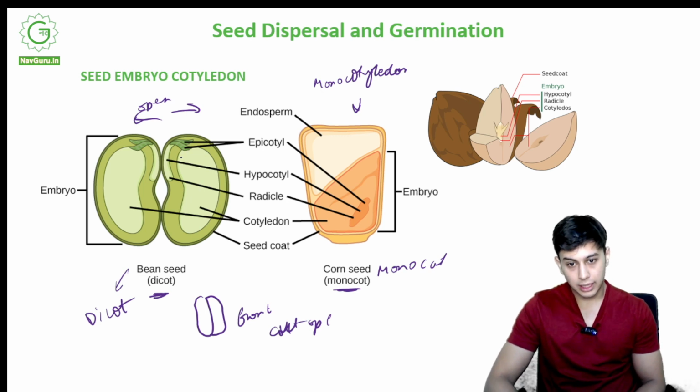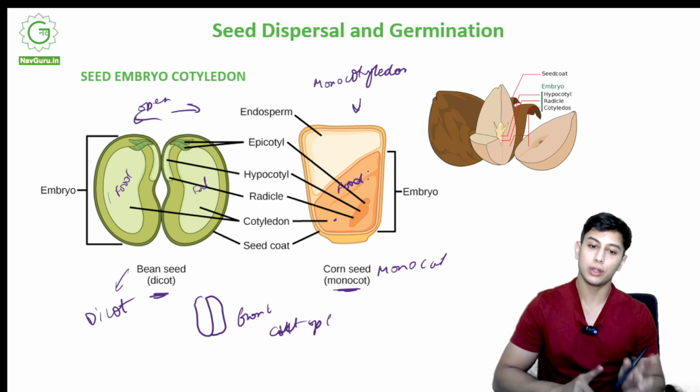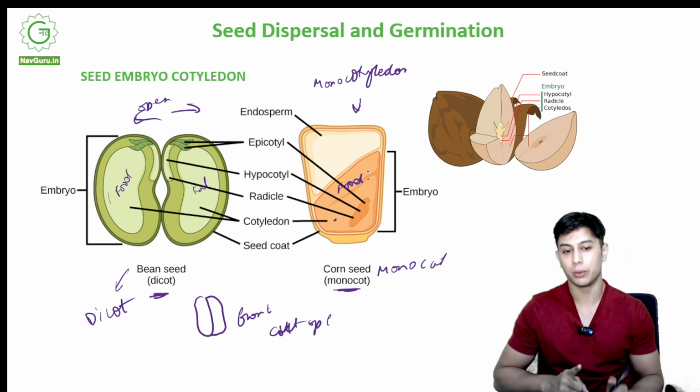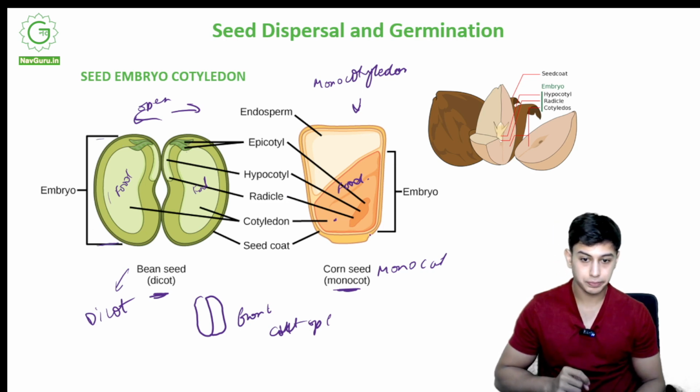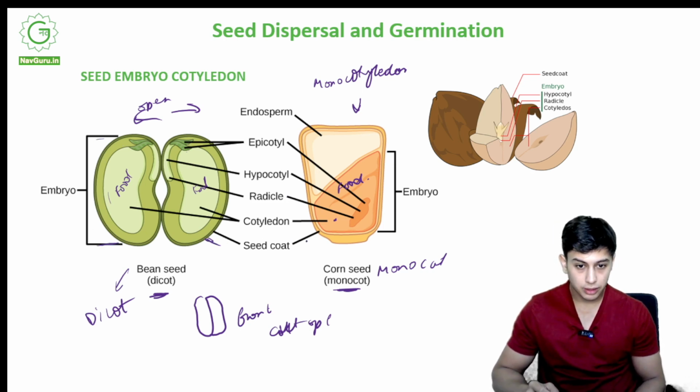See this light greenish part? This is the cotyledon. You see, this has food. In the monocot, this dark orangish part has food. Food for whom? For the seed to grow, for the embryo. This part is the embryo. This whole is the embryo. And this is the seed coat.